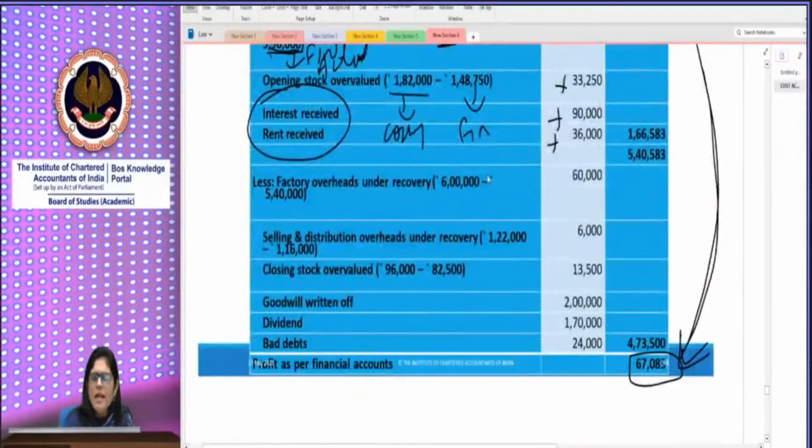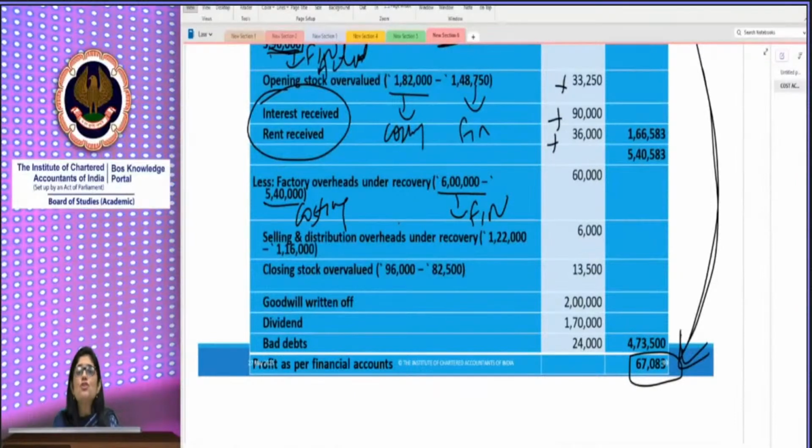Factory overhead under recovery. Factory overhead is 6 lakh in financial, 5,40,000 in costing. So factory overhead should be 6 lakh, but in costing, you have taken 5,40,000. That means you have undercharged 60,000. You have to reduce it further from your profit.